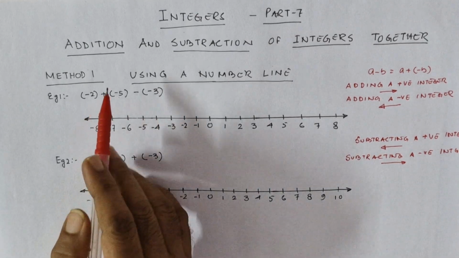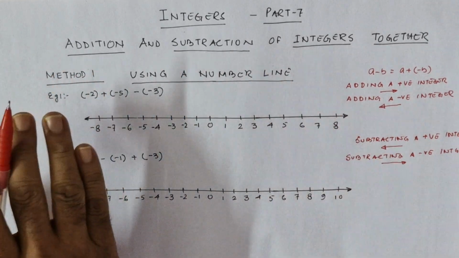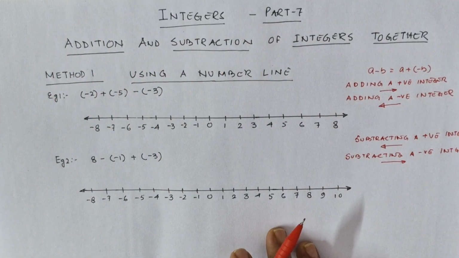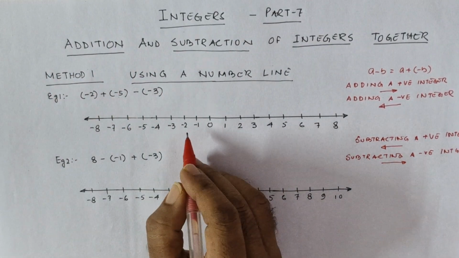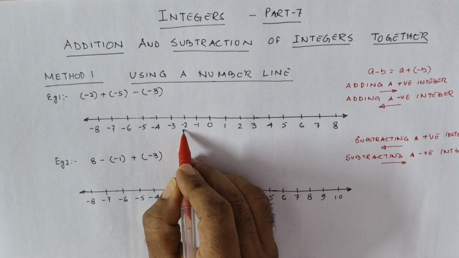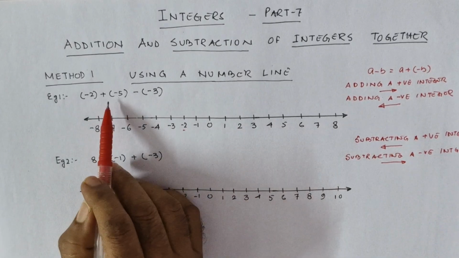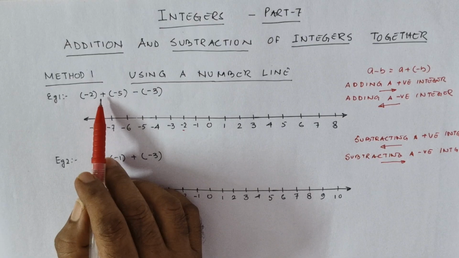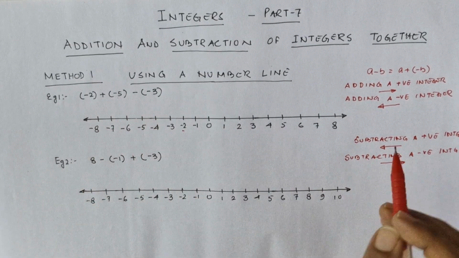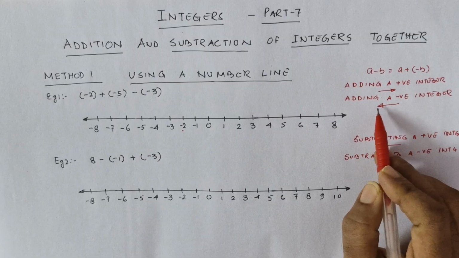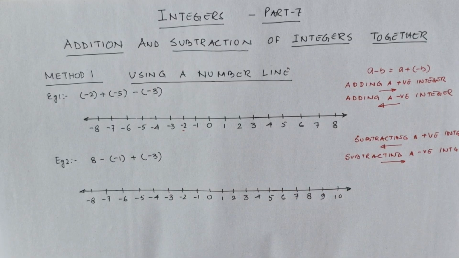Now, as I told you, you go from left to right while solving such problems. So what is on the extreme left? That is minus 2. So try to identify minus 2 on the number line. See, minus 2 here. You have to add minus 5, a negative integer. If you want to add a negative integer, see, the arrow is towards the left. Got it?